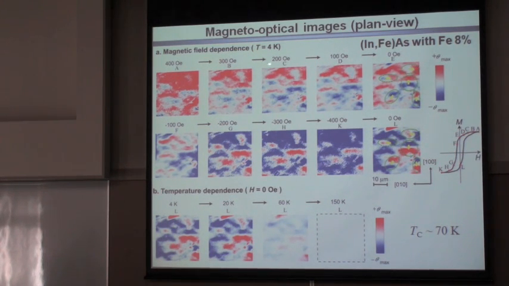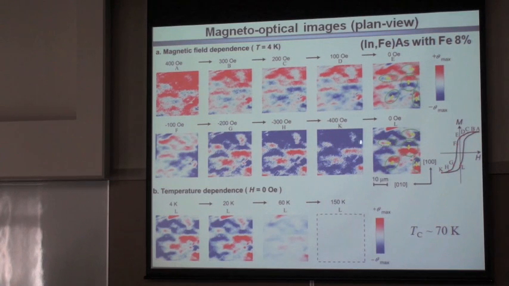But with decreasing the field down to zero, corresponding to this magnetic field image hysteresis, starting from point A, now we reach the remanent state, point E, corresponding to this image. And then we scan the field in the minus direction, minus 100 up to minus 400.